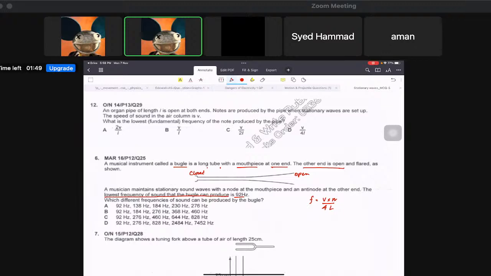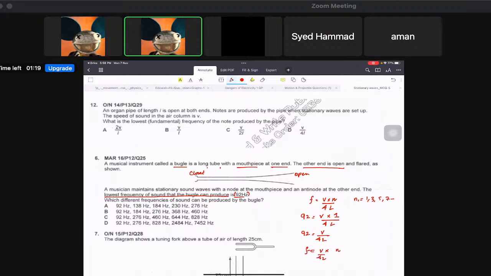Now, we also know that n is equal to 1, 3, 5. It's odd numbers, right? So they have given you 92 as the first one. We don't know v. It is 1, 4L, which means 92 is equal to v upon 4L. So then the next one will be f equals v times n upon 4L.